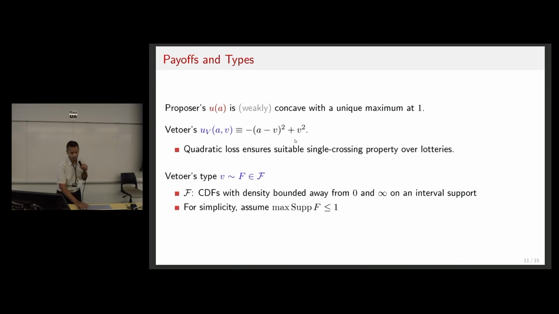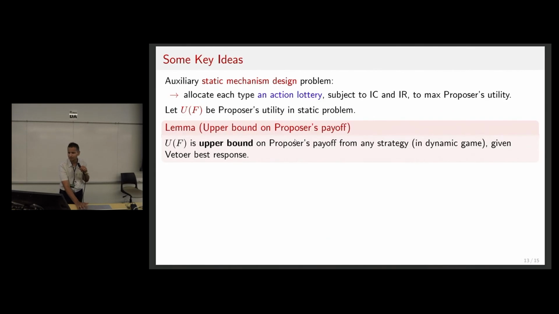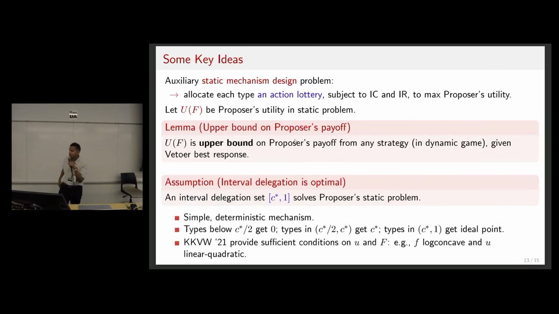A second, substantive assumption is that we need to understand what corresponds to the proposer's static optimal mechanism. And so an assumption that we make is that the optimal static mechanism is an interval delegation set. You can find conditions on primitives under which this is indeed optimal. And we show that whenever the static optimal mechanism is an interval delegation set, you can achieve this in an equilibrium of the game.